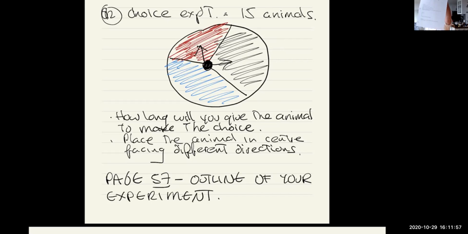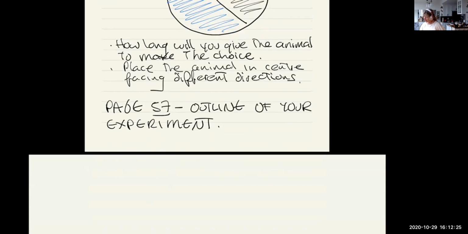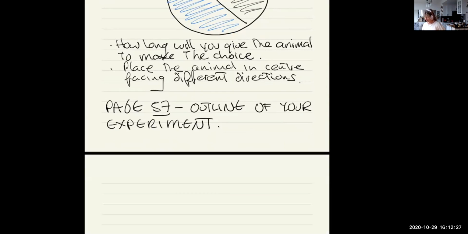I'll show you what it looks like. I know, sorry, I didn't leave that up very long, but it is not in the lab manual, we don't call it the lab manual. It is in the activities guide, page 57. So once you fill out the outline of your experiment, then you can start preparing your proposal.